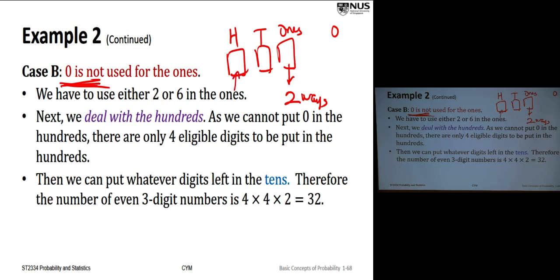Why? Because I make sure that 0 is not there. In other words, besides the one I put in the ones place, I also put aside the 0. So I am left with only 4 digits to fill the hundreds place. So 4 ways. Why 4? Excluding the digit you use to fill the ones place and the 0, I am really left with 4 digits. So there are 4 ways to fill this.